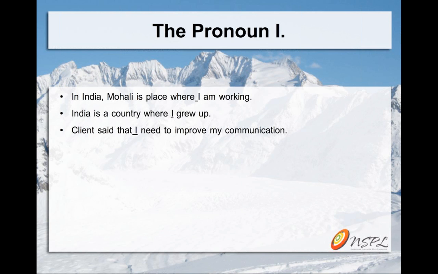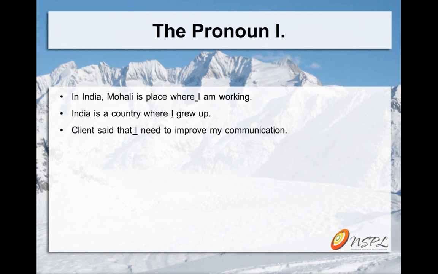There's one pronoun called I. That is very important. Wherever it comes, it should always be capital. Please remember. In the example, In India, there is a comma, right? Because we are giving a pause.